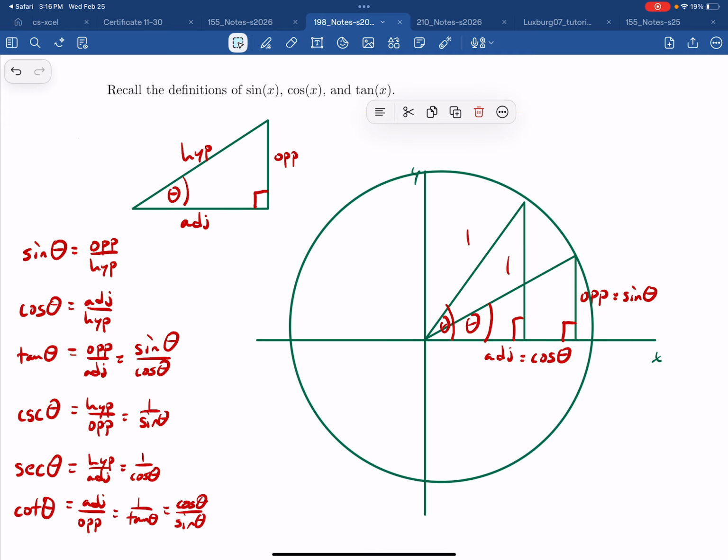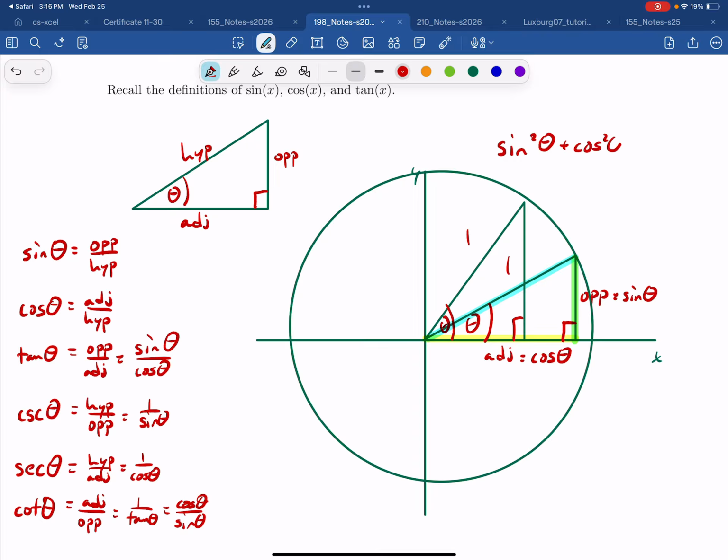We know, again, based on the Pythagorean theorem, that because the radius of our unit circle is always 1, a squared plus b squared equals c squared. And so that means that sine squared of theta plus cosine squared of theta equals 1.